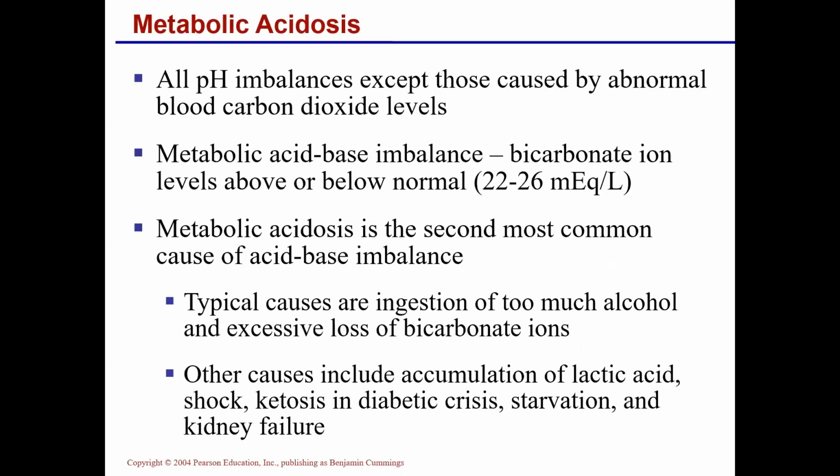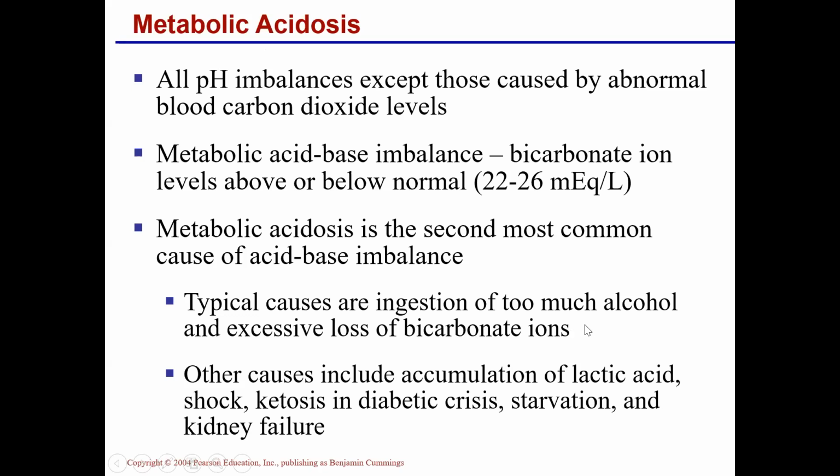Okay, and then acidosis and alkalosis also can be related to the metabolism. So it is called metabolic acidosis and metabolic alkalosis. This acidosis is due to chemical reactions that make the blood pH too low. Typical causes here: too much alcohol or excessive loss of bicarbonate ions.